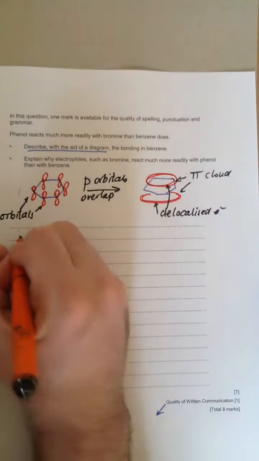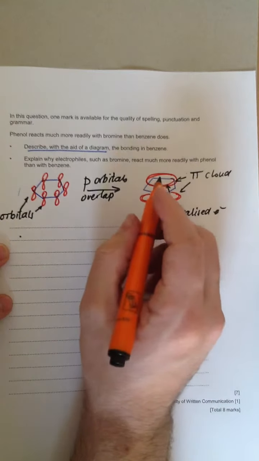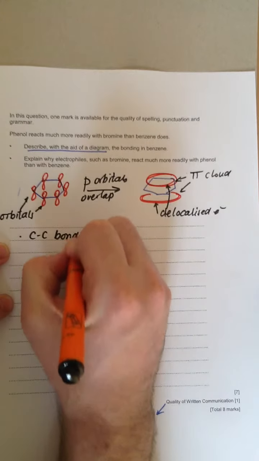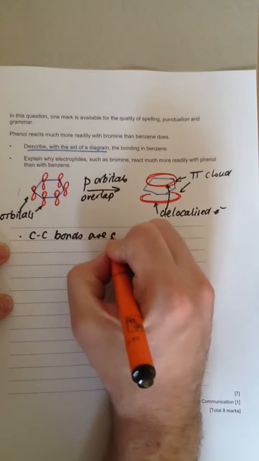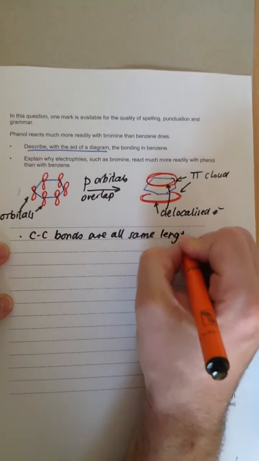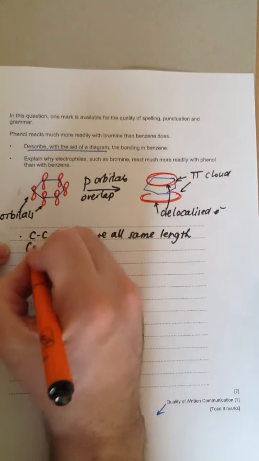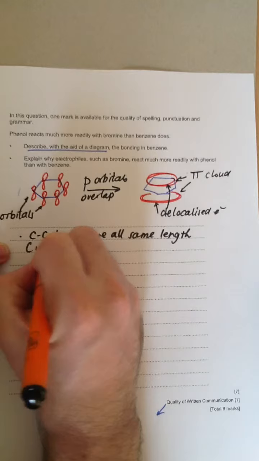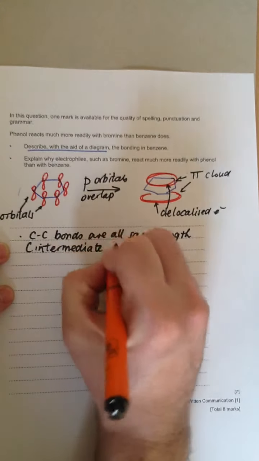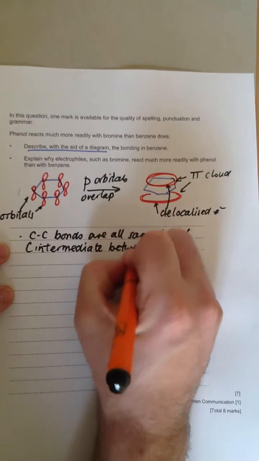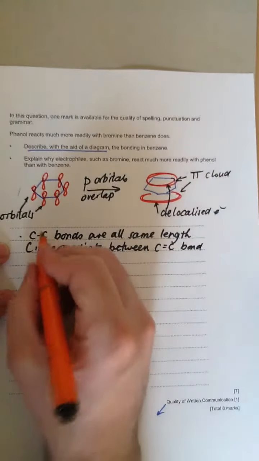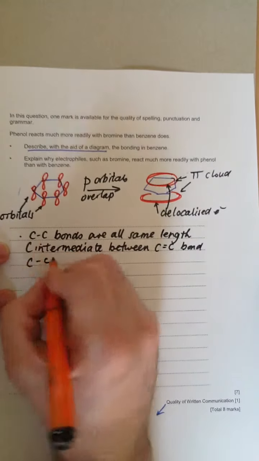Well, if we look at the way the carbon-carbon atoms are linked together, the carbon-carbon bonds are all the same length, and they are intermediate, halfway between a carbon-carbon double bond and a carbon-carbon single bond. So they're not quite a carbon-carbon double bond, but they're not quite a carbon-carbon single bond.